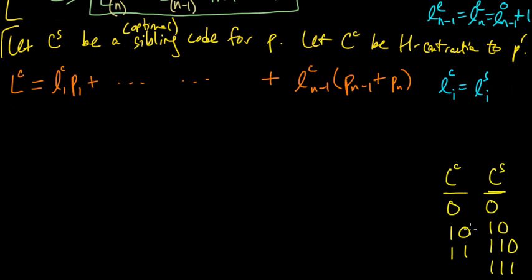So we can see from this that these are all the same for all i strictly less than n minus 1. This one goes up to n, this goes up to n minus 1, so it's the same up to n minus 2. And then the contracted code word, the n minus 1th one, is just the same as the sibling code's length minus 1.